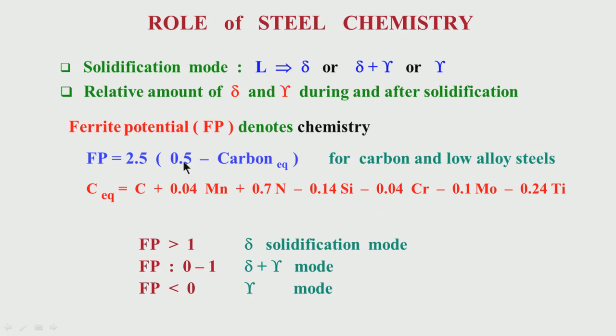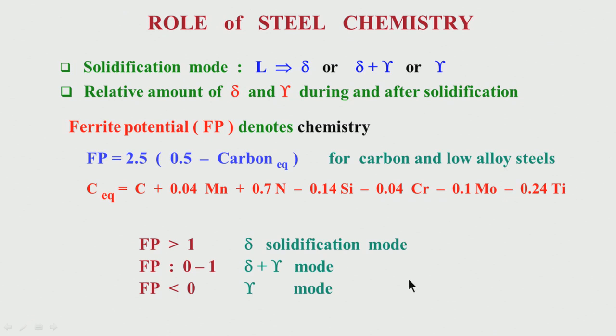What does it indicate? 0.5 minus 0.5, so it is basically 0. If it is more than 0.5, say 0.6, 0.5 minus 0.6 is minus 0.1. So, when carbon equivalent is more than 0.5, ferrite potential is negative. That means it will indicate austenitic mode of solidification.